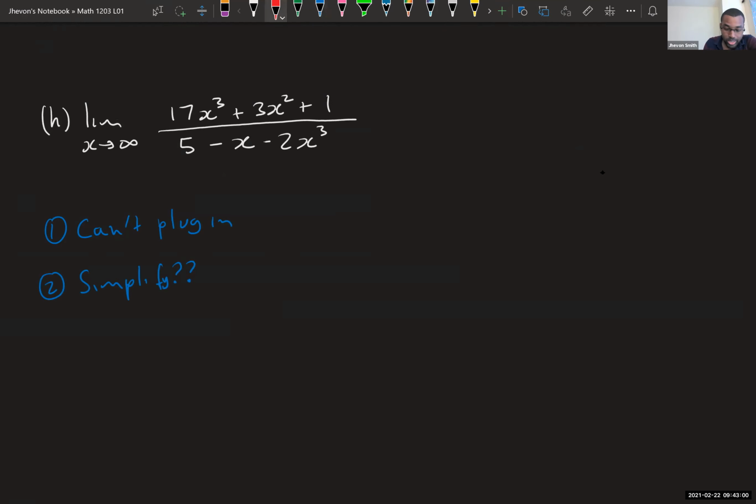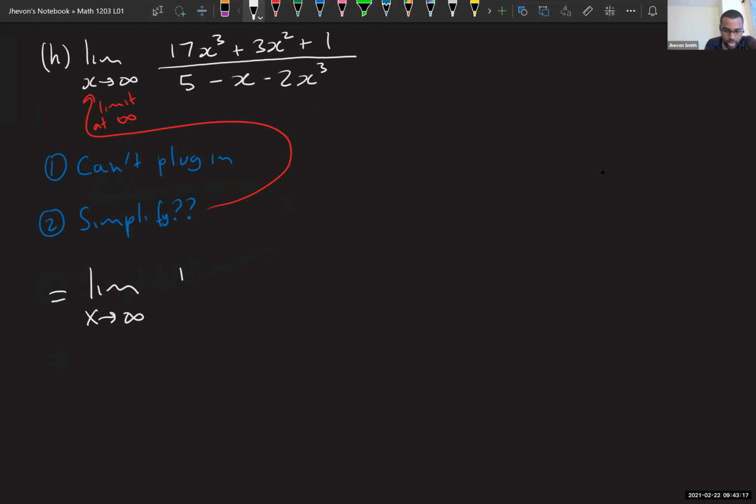But then I notice, hey, that's a limit at infinity. So I know what I'm gonna do. I'm going to divide by the highest power of x in the denominator, which in this case is x cubed.